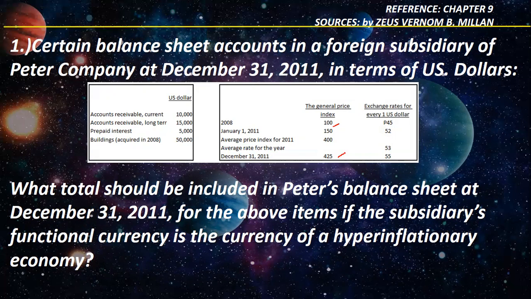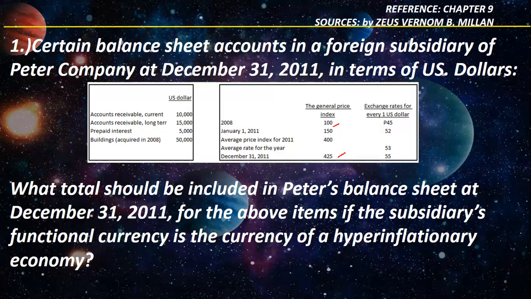To get the percentage, let's divide that by the base, which is the 2008 price index, 100. So there is a cumulative inflation of 325%, more than 100%. It even exceeds 100% cumulative. So there is hyperinflation, and the company should restate their financial statements.